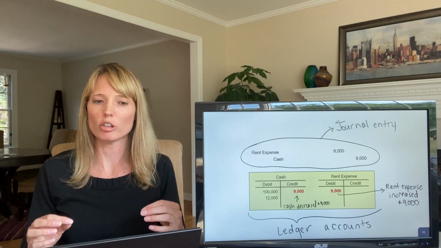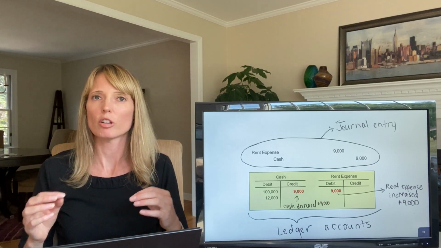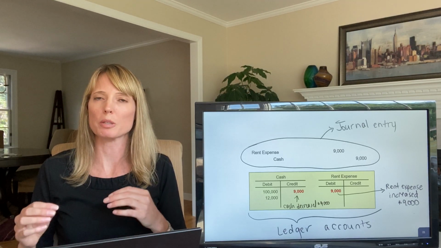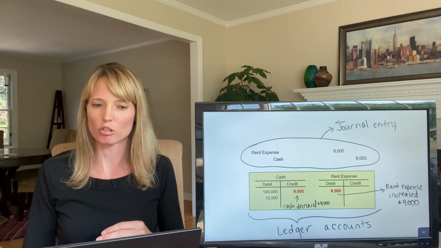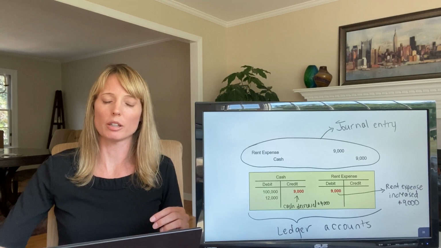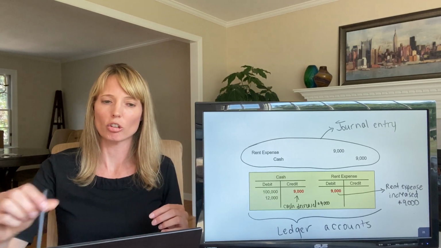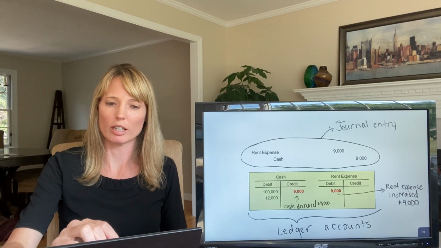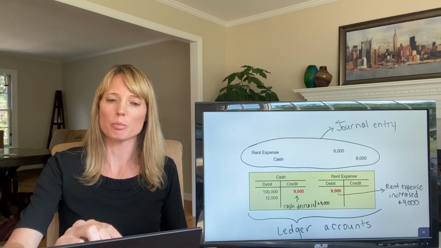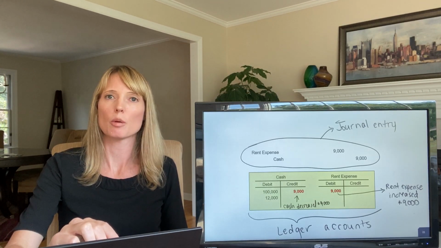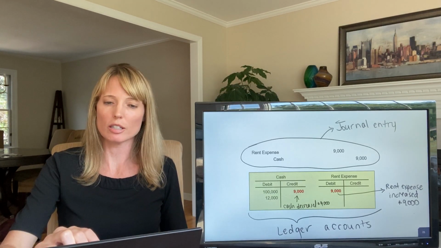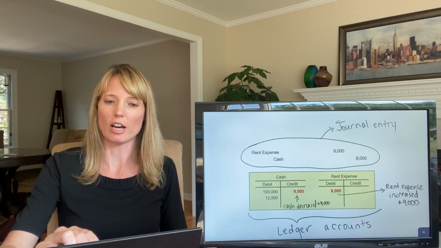Remember that a transaction is a change. The journal entry shows how those specific accounts changed. So we see below the cash T account, and we see that $9,000 booked on the credit side. The cash balance decreased by $9,000. Rent expense increased by $9,000.